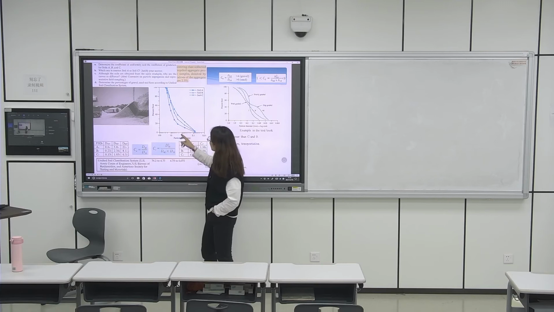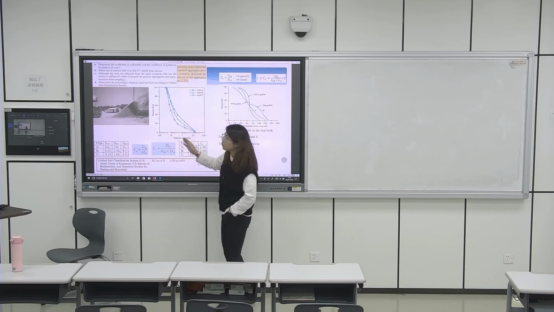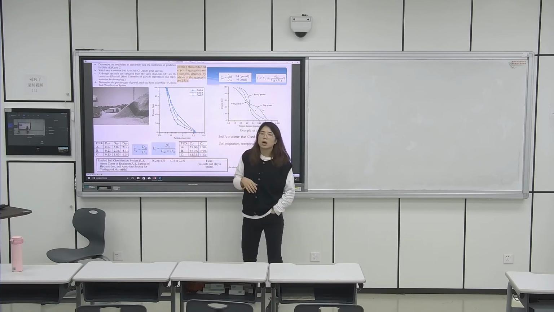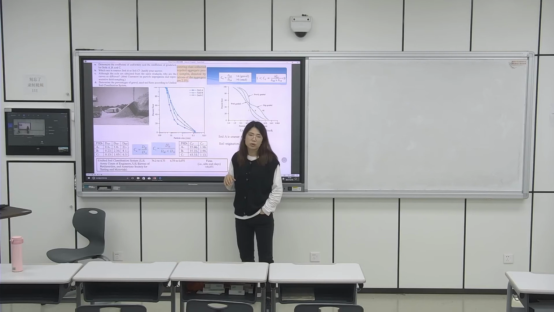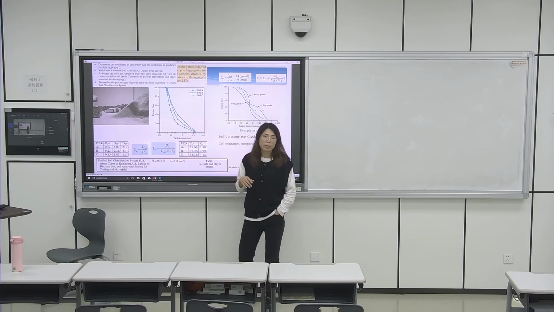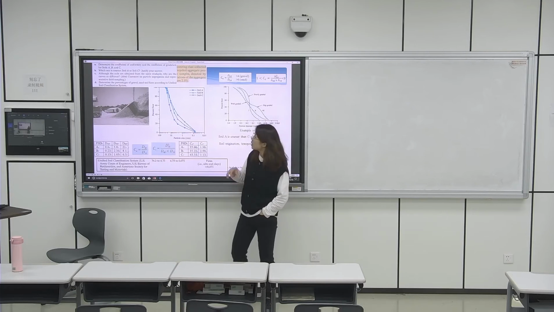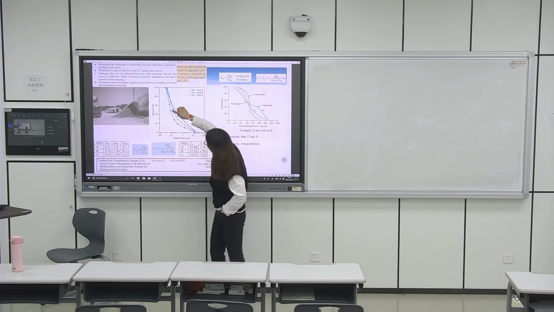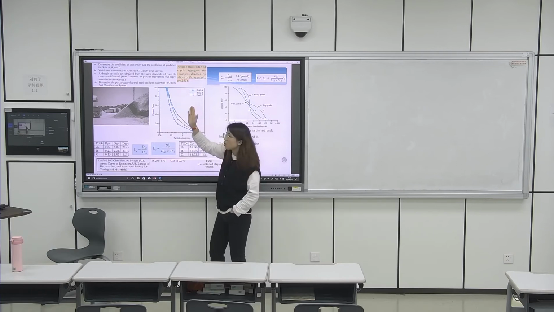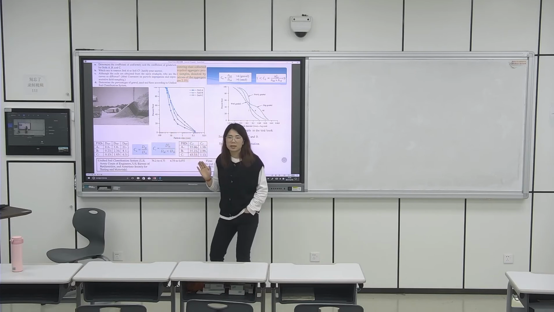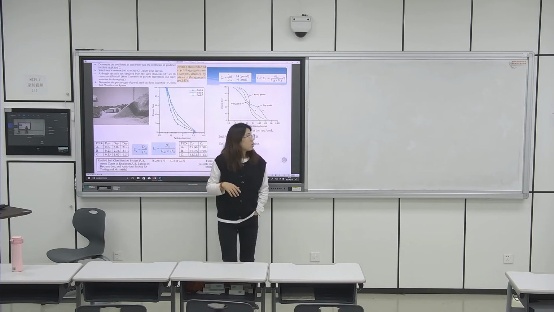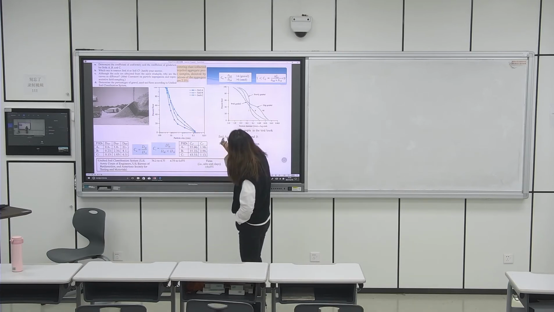That means soil A has much less particles smaller than 1 millimeter. That means soil A has more big particles, right? It is much coarser, right? That is, you see, soil A is more curved toward the big particle side. So it is coarser because it has more big particles.